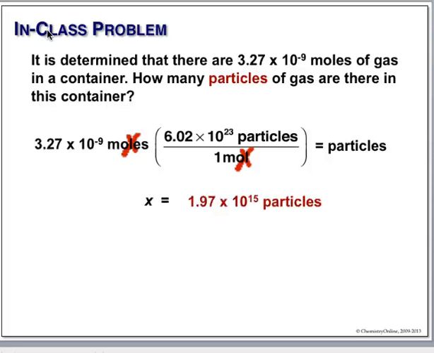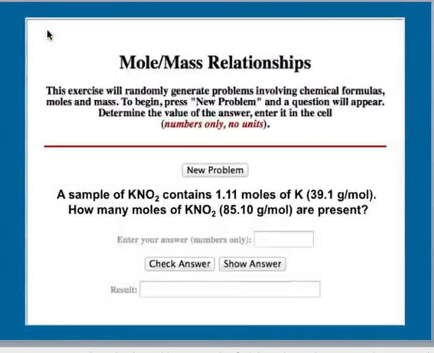All right, let's look at a simple online tutorial. We have, what is this stuff? K is potassium. What's in O2? Nitrite.